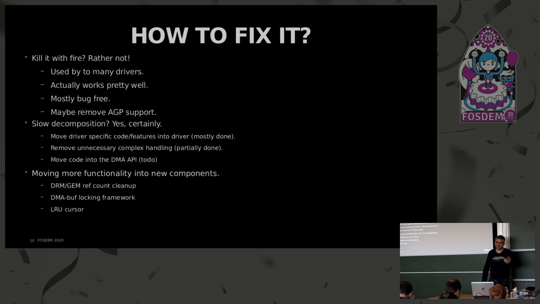For example, for the same buffer objects, we had at least 3 reference counts: one in GEM for the handle to user space, one in TTM for the buffer itself, and another one in TTM for eviction logic and list handling. With this move and a bit more cleanup, we can probably move all of this reference counting into a single one. That will make handling quite a bit cleaner and easier to maintain.